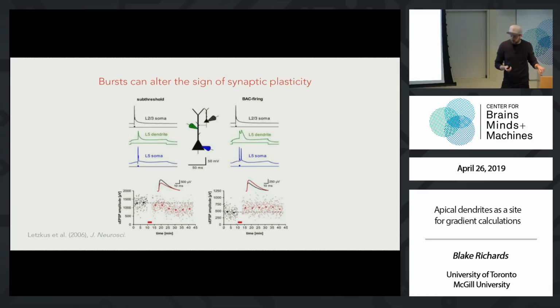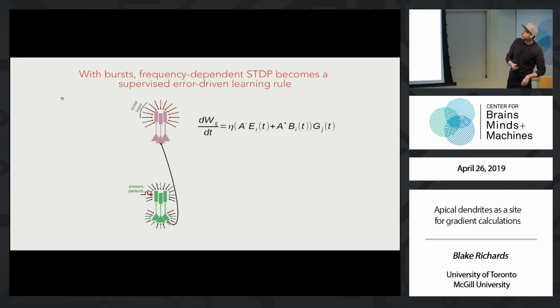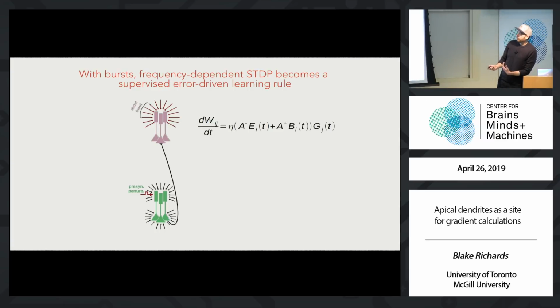So Richard and I have been working with this idea. The fundamental idea is that the learning rule at the cellular level would look something like this. You have an ensemble of pyramidal neurons here: a presynaptic ensemble and a postsynaptic ensemble. They've all got multiple synapses to each other, and we have the following weight update rule.